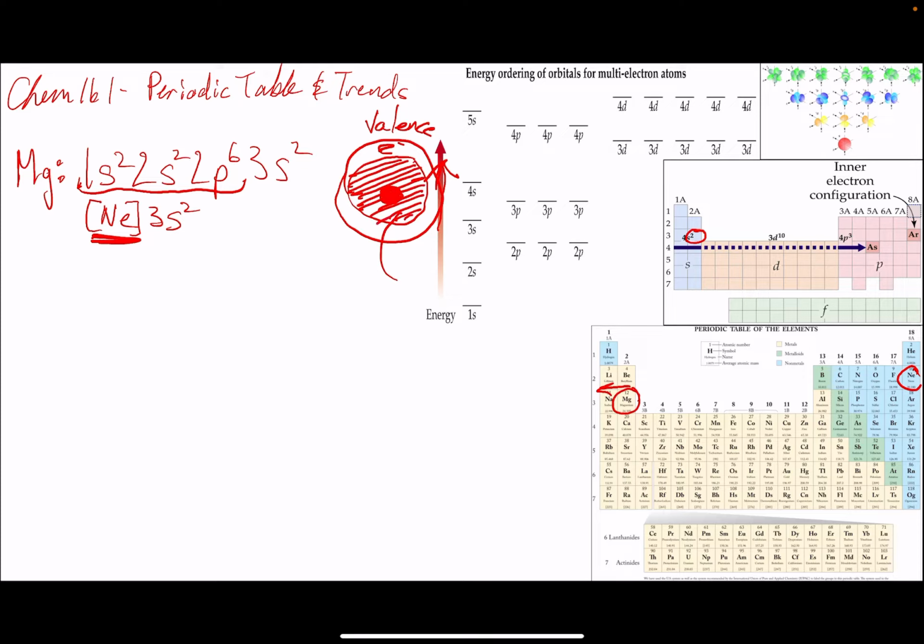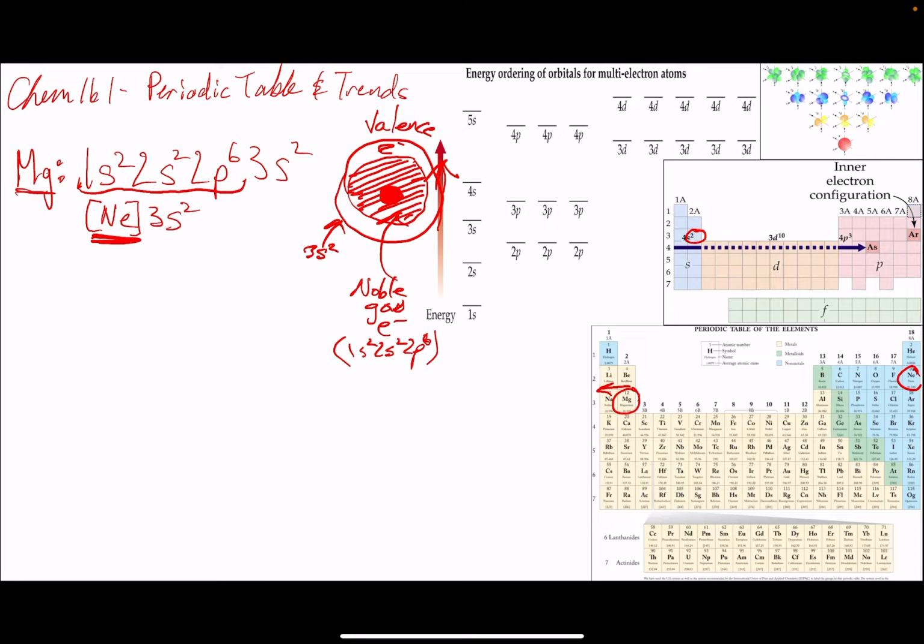Those in the shaded region are the noble gas core electrons, represented in this case for magnesium by 1s2, 2s2, 2p6. Of course, this could be smaller for different elements, but in this case we're working with magnesium. The valence electrons, in the outermost periphery, would be 3s2.